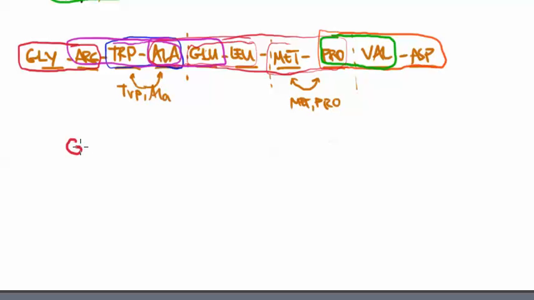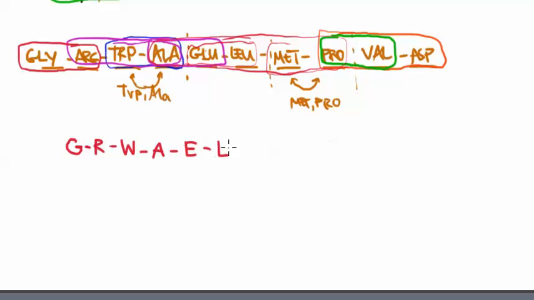Glycine is a G, arginine is an R, tryptophan was that W, alanine is the A, GLU, do you remember what that one was? Test yourself. Yeah, that's one of those weird ones. So that is an E for glutamate. The next one is leucine.